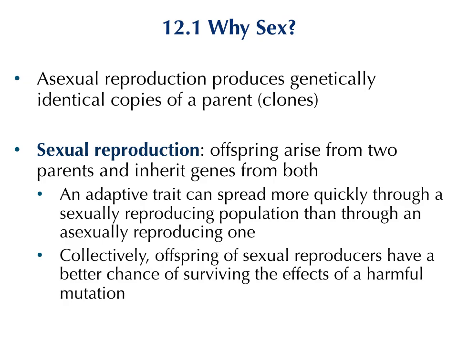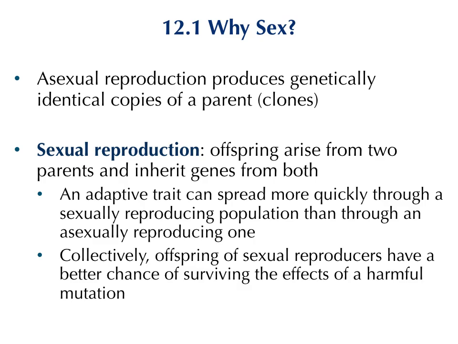Therefore, in sexual reproduction, when offspring arise from 2 parents and inherit genes from both, an adaptive trait can spread more quickly through the sexually reproducing population than through an asexually reproducing one. And collectively, the offspring of sexual reproducers have a better chance of surviving the effects of a harmful mutation.